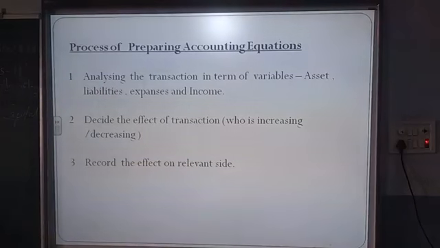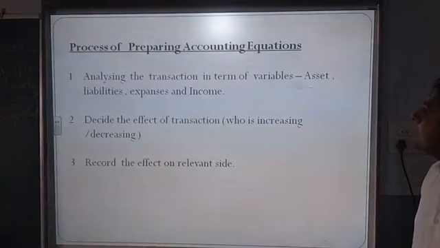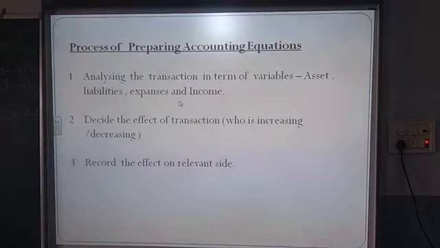How to do it? The process of preparing the accounting equation. First of all, we have to analyze the transaction in terms of the variables: asset, liability, expenses and income. When we see the transaction, we have to analyze which is an asset, which is a liability, which is an expense, which is income.